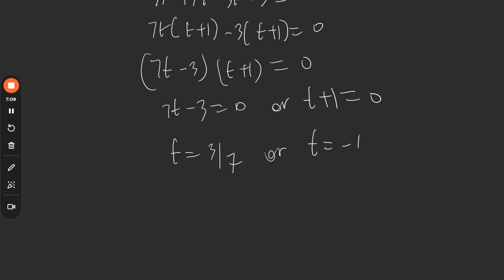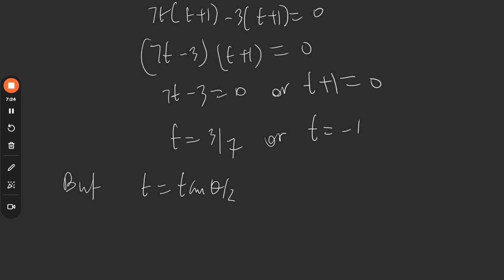Now, given that t is negative 1 or 3 over 7, we'll be finding the tan inverse. Remember that t equals tan theta over 2.